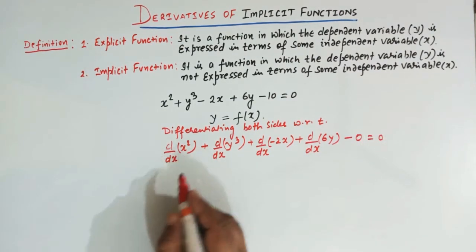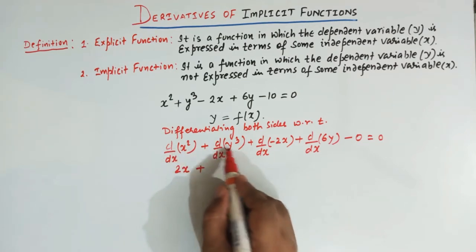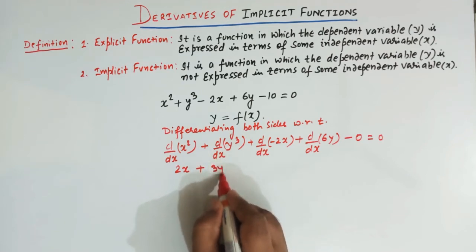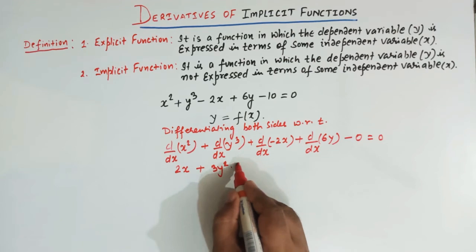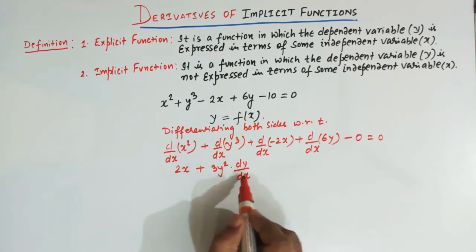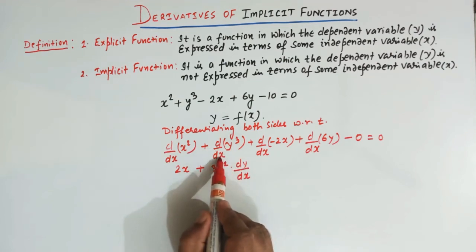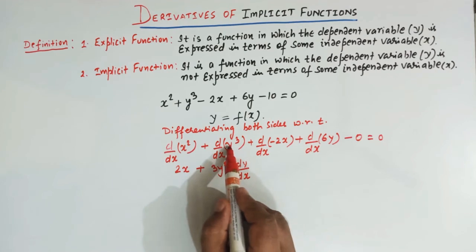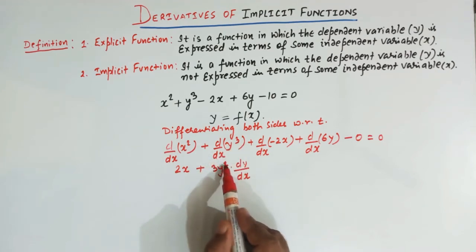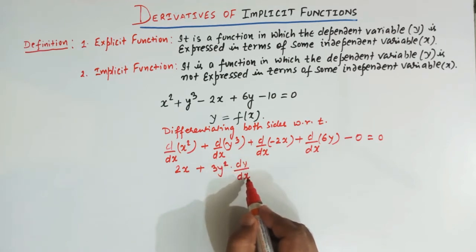Now the derivative of x square is 2x. The derivative of y cube is 3y square, and then we will have here dy over dx due to chain rule, right? Because here we are differentiating with respect to x, but when we differentiate y cube with respect to y, we get 3y square and an additional term, that is dy over dx.